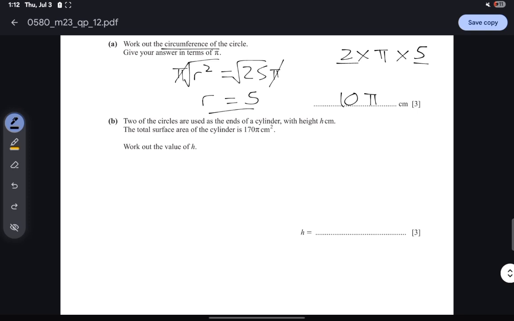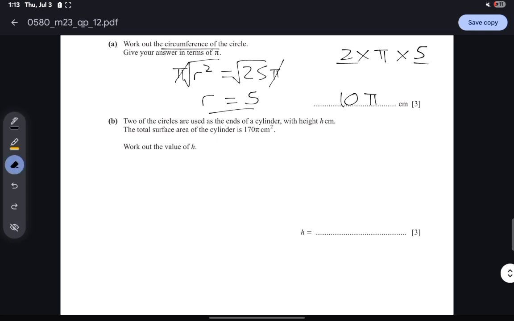And for the B part, 2 of the circles are used as ends of a cylinder with a height h. The total surface area of the cylinder is 170 pi square centimeters. Work out the value of h.